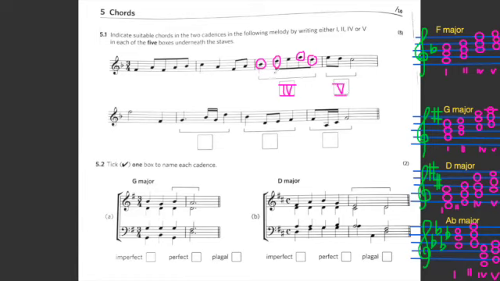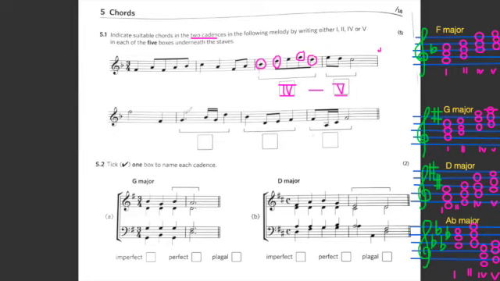After you finish every single line, make sure that you check that the last two chords of the 4-bar phrase ending here is a cadence, because they say 2 cadences in the question. So 4 to 5 indeed is an imperfect cadence, so that matches.